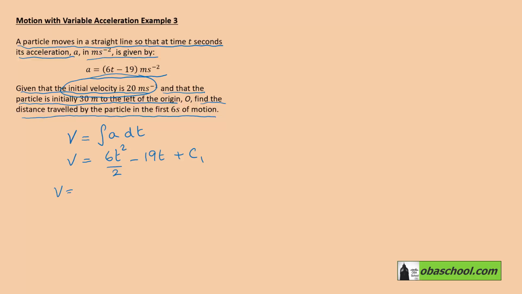So that means that v is equal to 20 when t equals 0. And that means that c1 is 20 in this case. So I've got that v is equal to 3t squared minus 19t plus 20.